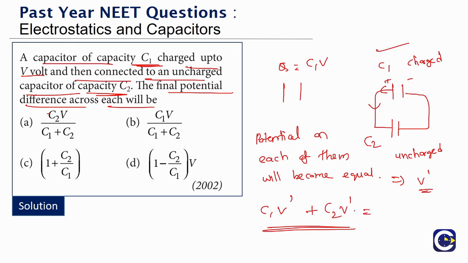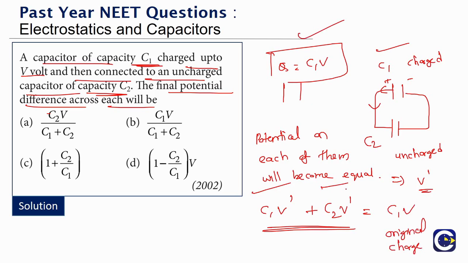This total charge is nothing but the charge we have originally. That charge is what is getting redistributed. What is the charge we have originally? C1 into V. This is the original charge. So the final charge on capacitor 1 plus capacitor 2 is equal to the original charge, which is the charge on capacitor 1.